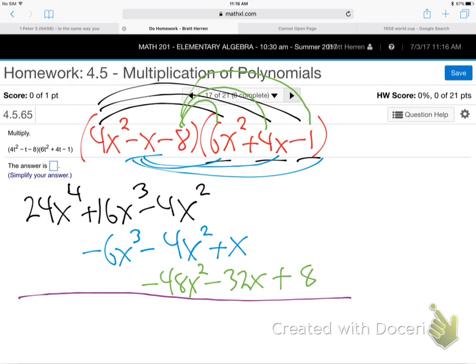Good, and then we go vertical, right? So 24x to the 4th.